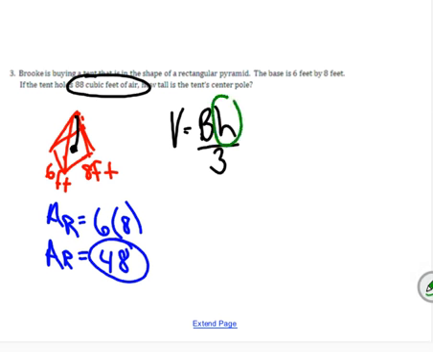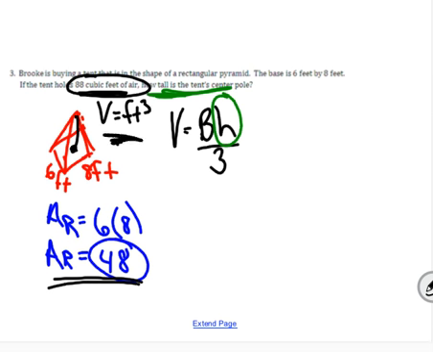It asked, how tall is the tent center pole? This is what we're solving for, the unknown. By process of elimination, 3 is the number. Base, we already have, is 48. This is actually volume, so it's going to be feet cubed.